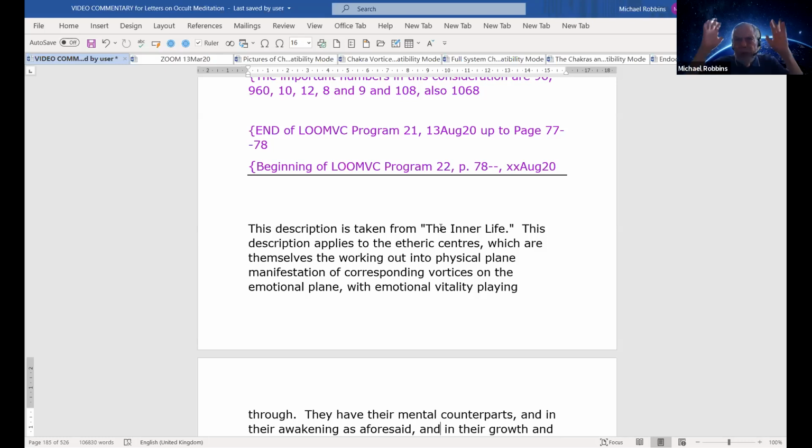But maybe there's a way that that head center can be related to the first ray, but also related to the Devic evolution, dealing then with the number 12. And there we would have to divide the 960, not that there would be 12 tiers, but that we would divide the 960 by the number 12.